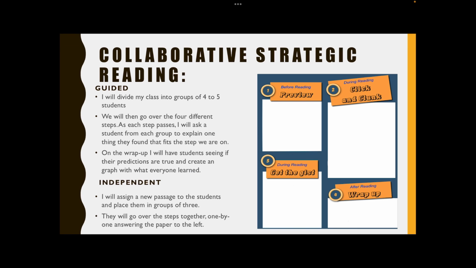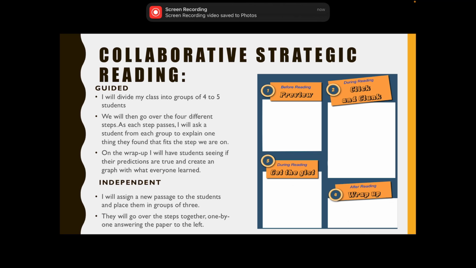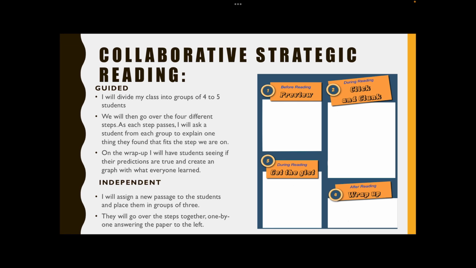For the independent practice, I will assign a brand new passage to the students, and I will place them in groups of 3. That way we're minimizing the groups, and so we can have more critical thinking among fewer peers.